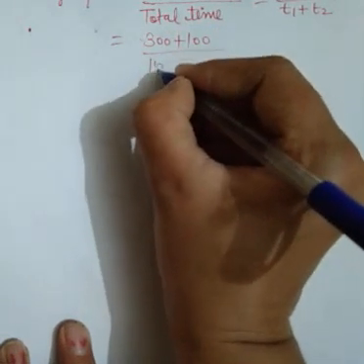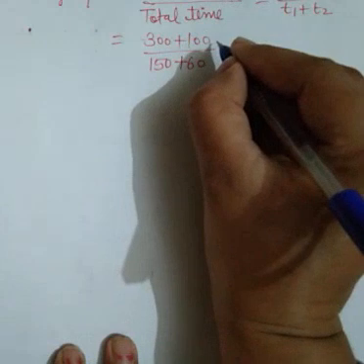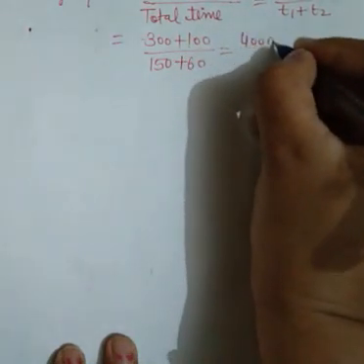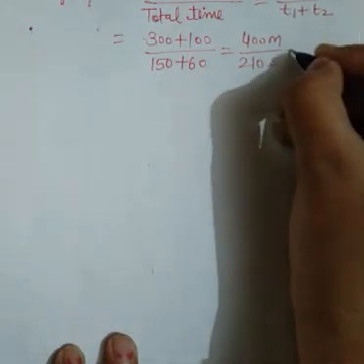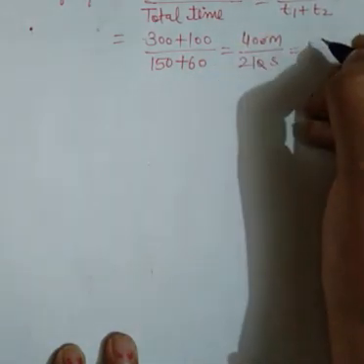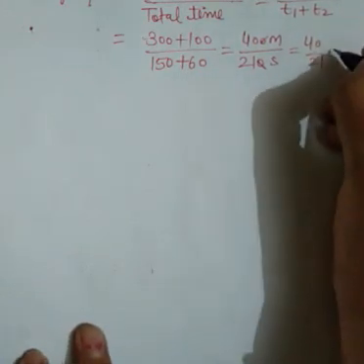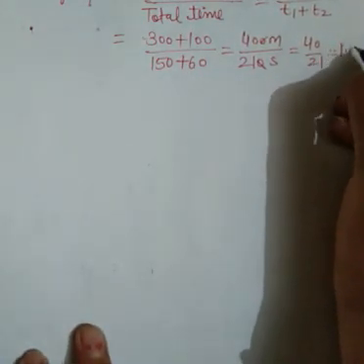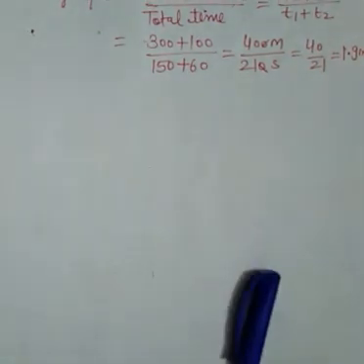Time is 150 seconds plus 60 seconds. The numerator will turn out to be 400 meters and the denominator on adding is 210 seconds. 0 cancels with 0, it will be 40 by 21 and the result is 1.9 meters per second. So it is the value of average speed from A to C.